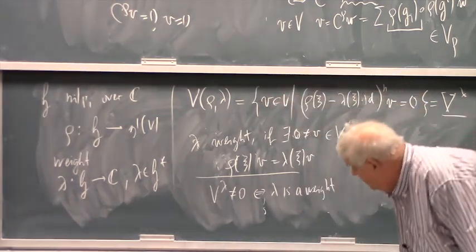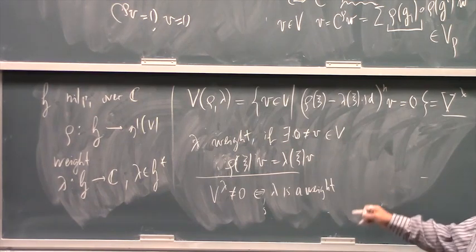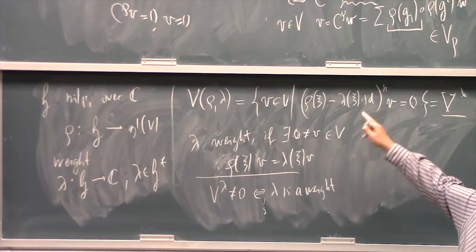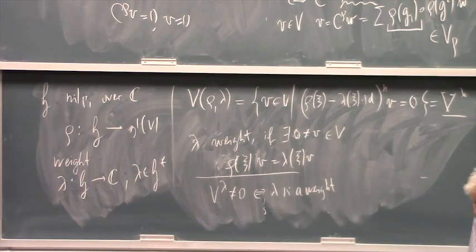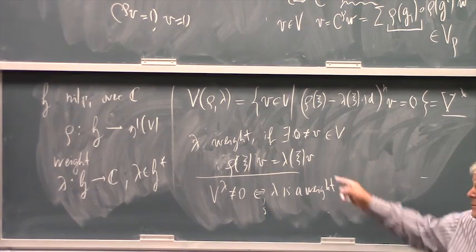Sort of obvious from the definition in one direction. So if lambda is a weight, we have such a vector V, it definitely belongs to this V lambda, hence V lambda is not 0. If V lambda is not 0, then definitely we can find within this V lambda elements with this property.